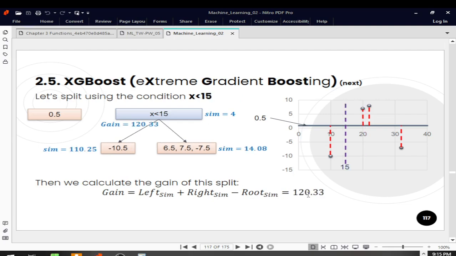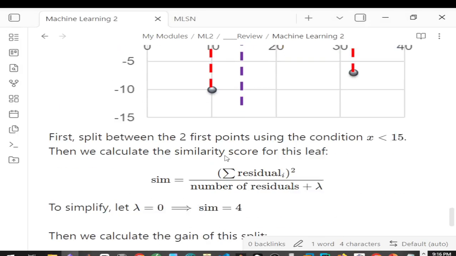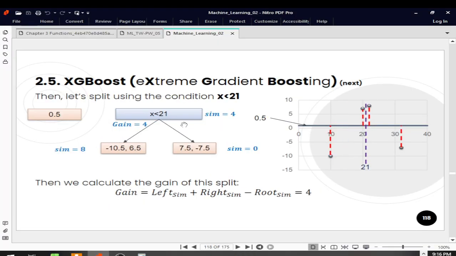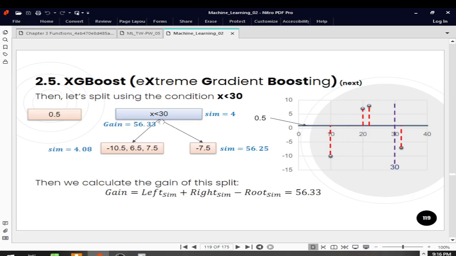I think I have all the numbers. No, I didn't do that. So we've got 4. Voila, and for x less than 25. I'm not sure if 25 is mentioned here. No, it's the 30.